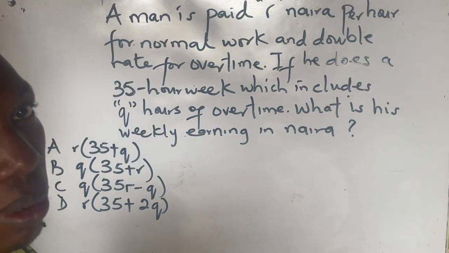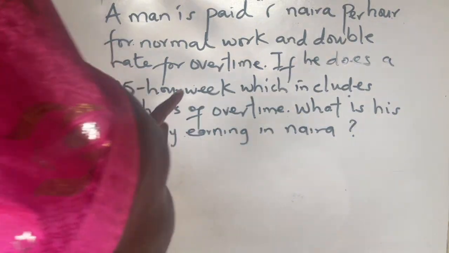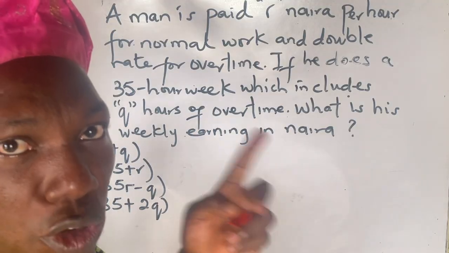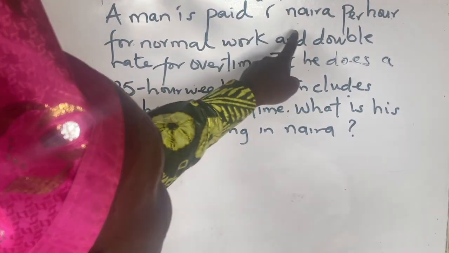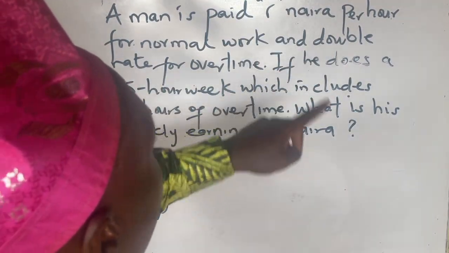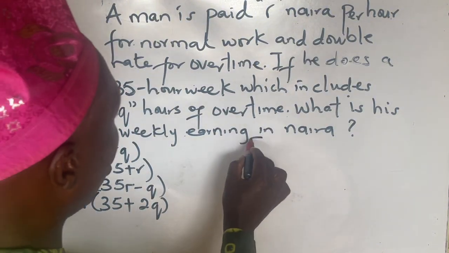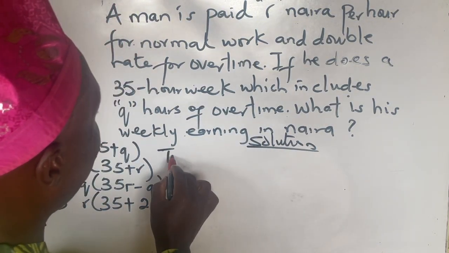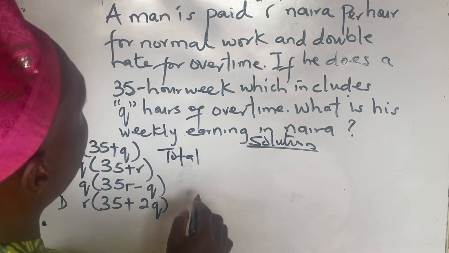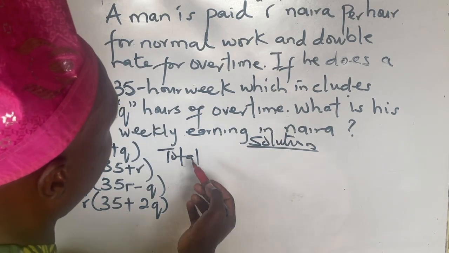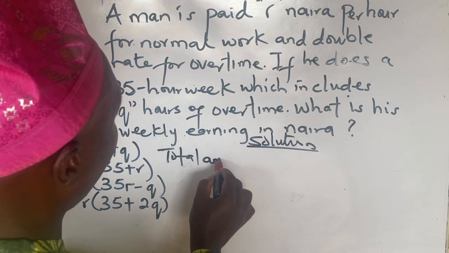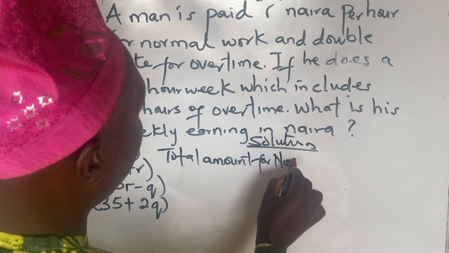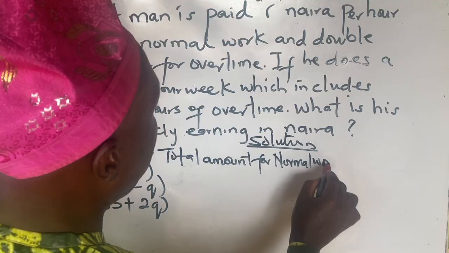So to solve this, it is a problem on rate. And the secret for rate is that you must know when the unit cancels. So this is 100 naira per hour for normal work. We have the solution. Total earnings, or total amount, for normal work.